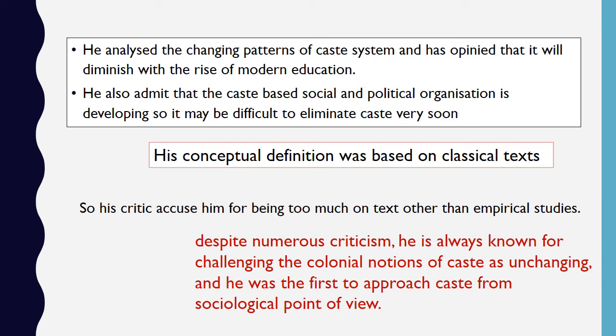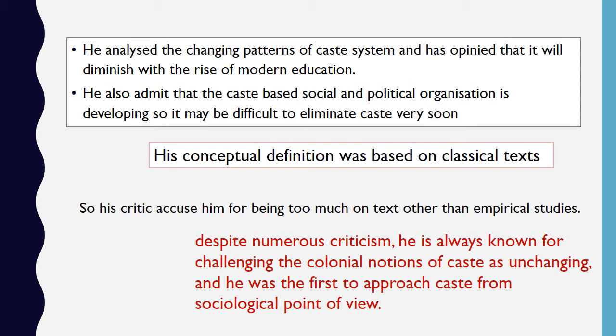But at the same time, he also agrees that caste is the basis of social and political organization. Each caste group will have a caste leader, or the village panchayat will be formed from each caste. So there will be a political division or hierarchy in maintaining the village, and caste will remain forever. But he has not lost the hope that one day education can change the caste system.